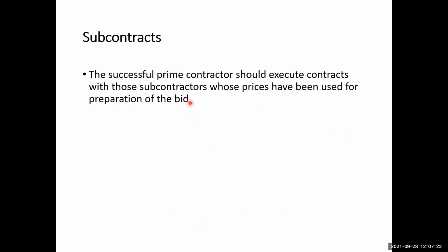The successful prime contractor should execute contracts with those subcontractors whose prices have been used for presentation of the bid. Yes, this is a very important point. And then one ethical issue also comes with that.